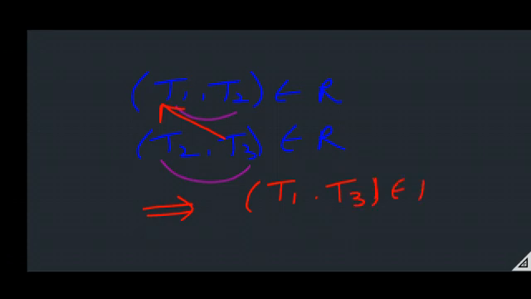You know the rules of congruency, so definitely I will get (T1, T3) also belongs to R. So this is a very easy example of an equivalence relation: if the relation is reflexive, symmetric and transitive, it is said to be equivalent. The example of congruent triangles gives you a very clear picture of an equivalence relation.